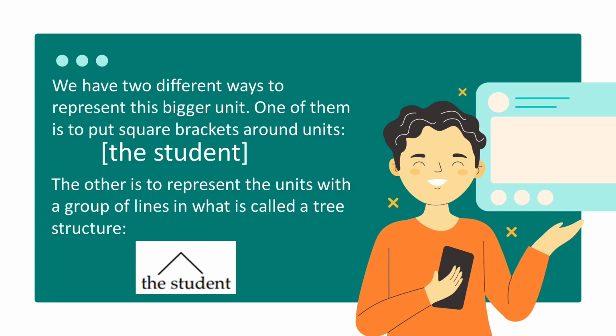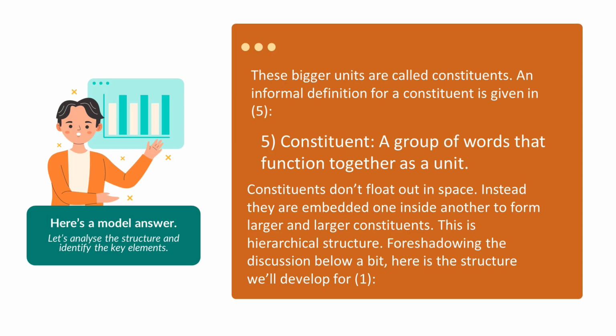We have two different ways to represent this bigger unit. One of them is to put square brackets around units: [the student]. The other is to represent the units with a group of lines in what is called a tree structure. These bigger units are called constituents.